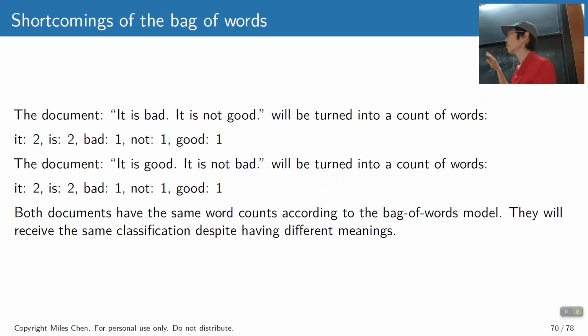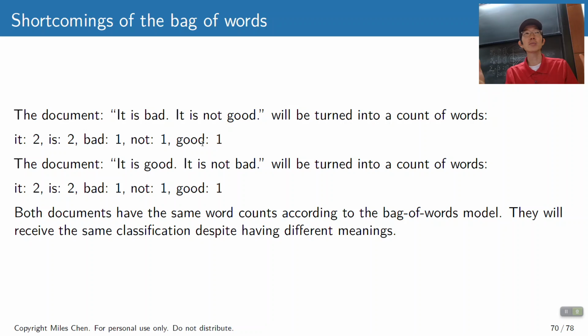Now, there are major limitations of a bag of words model. Let's say this is the document: it is bad, it is not good. The bag of words would say it appears twice, is appears twice, bad appears once, not appears once, good appears once.